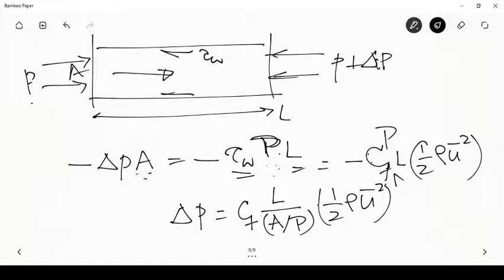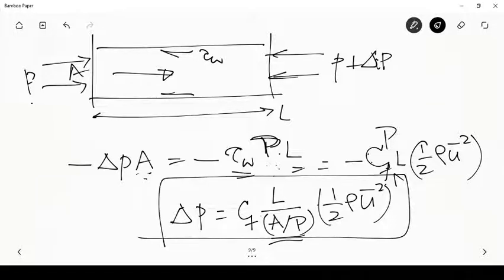This is valid for a parallel plates channel or a circular pipe or whatever geometry it is. So long as the A and P are correctly substituted, this expression for force balance is going to hold good. The pressure drop through any pipe with fully developed flow will have a constant Cf and half rho u square.